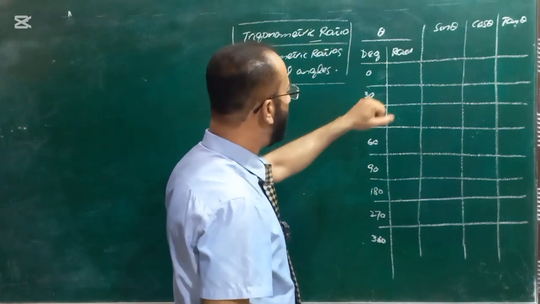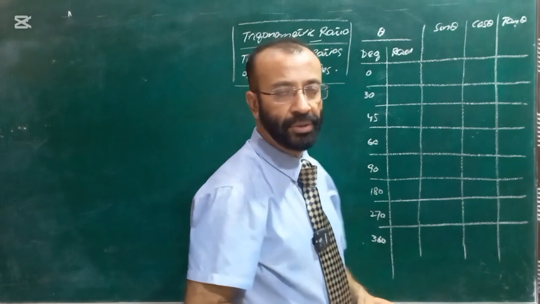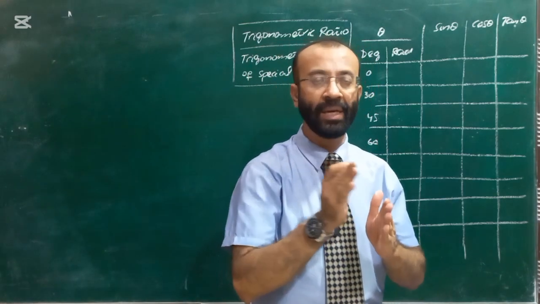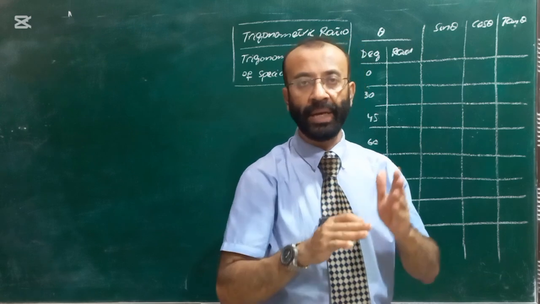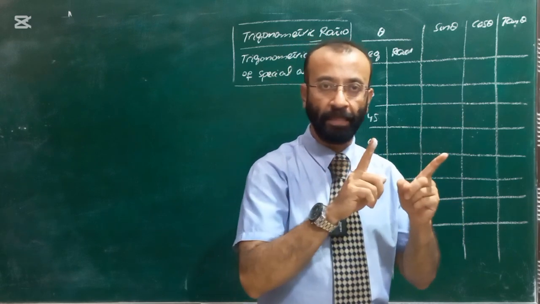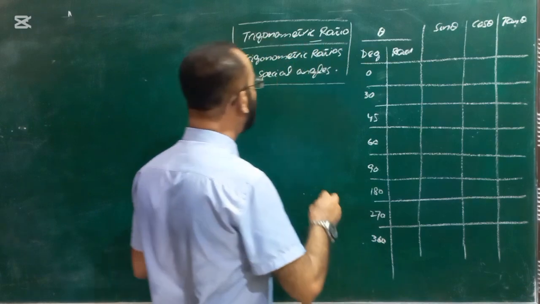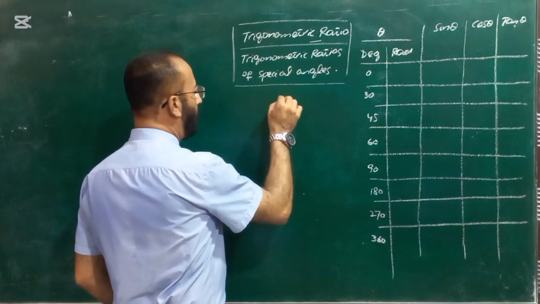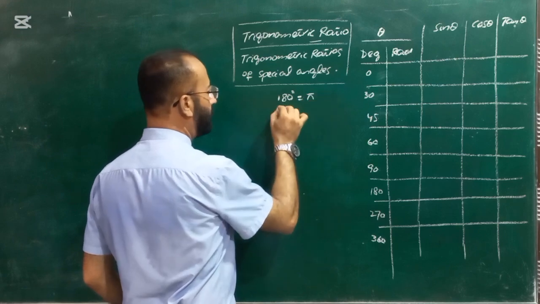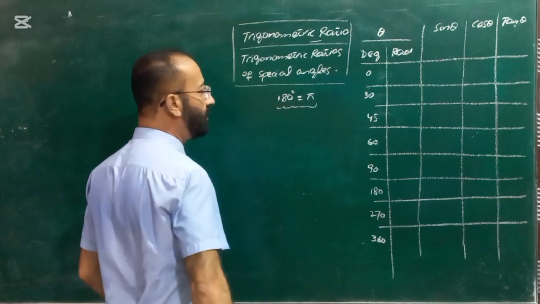First you have to learn that whenever a degree is exchanged into radian, we replace 180 degree with pi. So look here, 180 degree is equal to pi. This is the relation.